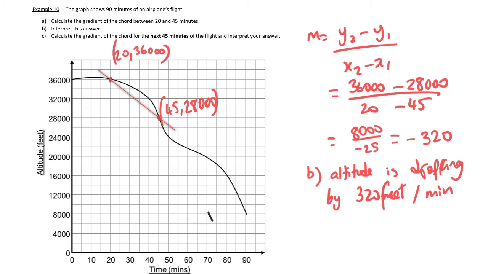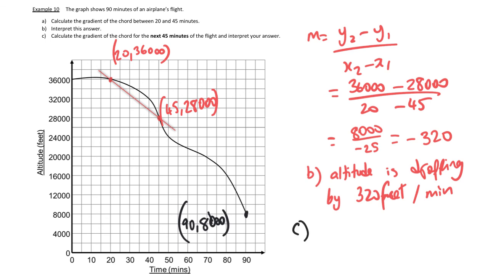Next, calculate the gradient of the chord for the next 45 minutes. So for the next 45 minutes, we have to get to 90. So there's 90. Its coordinate is 90 and 8,000.